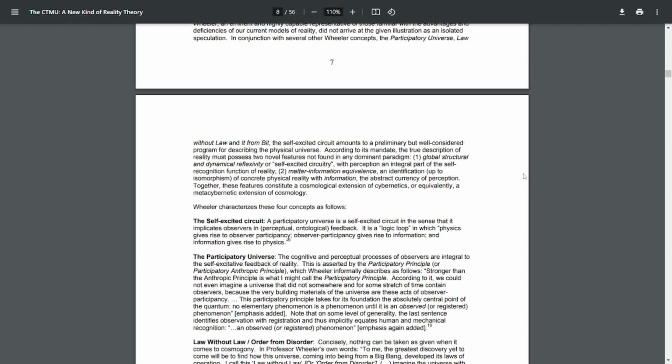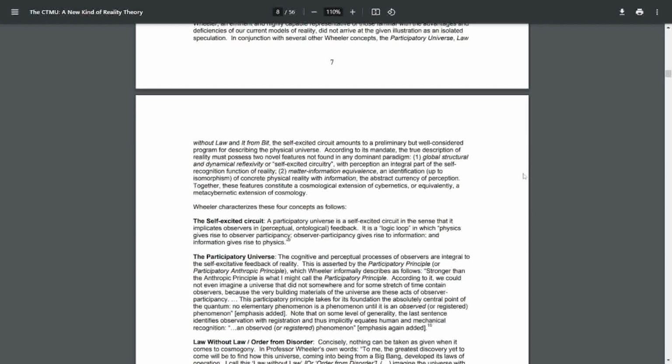According to its mandate, the true description of reality must possess two novel features not found in any dominant paradigm: global, structural, and dynamical reflexivity, or self-excited circuitry. And I'm assuming this kind of dynamic reflexivity is like a precession reversion or self-reference, or just the feedback, with perception an integral part of the self-recognition function of reality, matter-information equivalence.